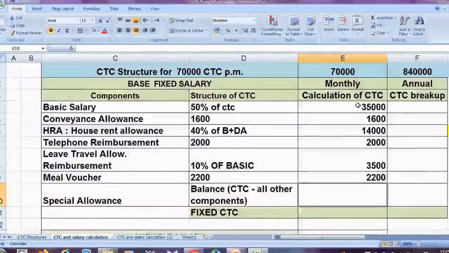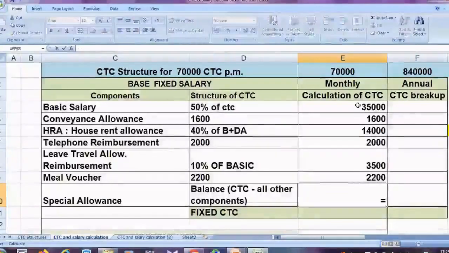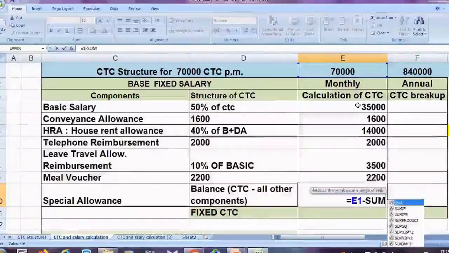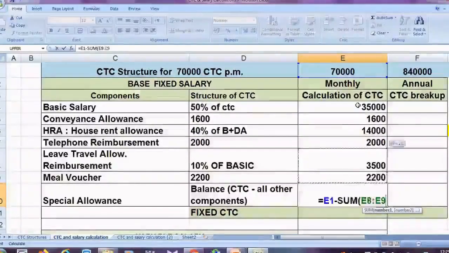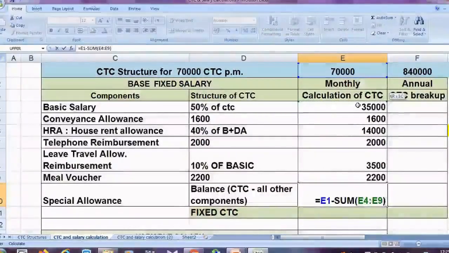Talking about the special allowance, which is a taxable component, it will be CTC, which is 70,000 minus sum of all the other components which we have calculated so far. That is, from basic till meal voucher, whatever we have calculated, we will add that and minus it from 70,000.